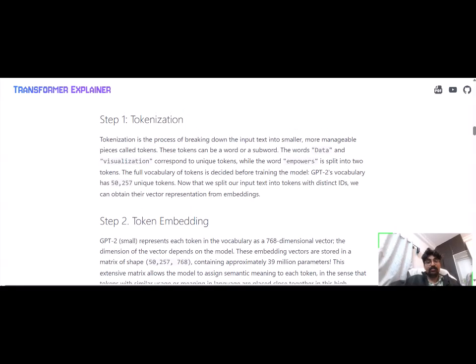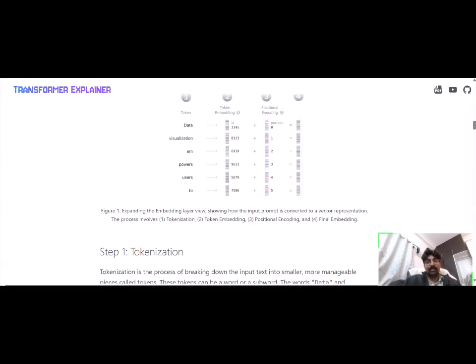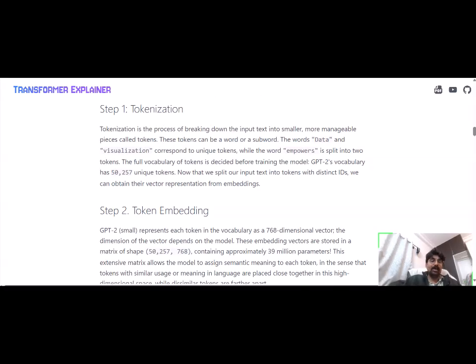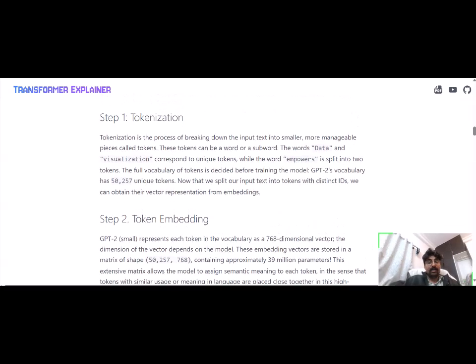Second is the token embedding. Each token has an embedding with a specific ID. These are embedding vectors with specific IDs. GPT-2 has 50,257 unique tokens.